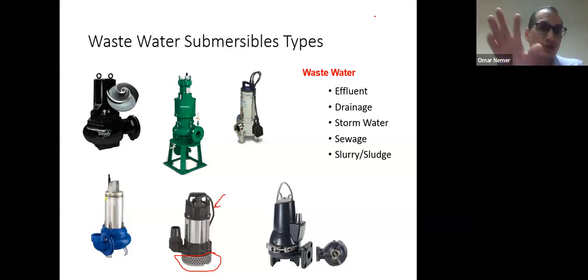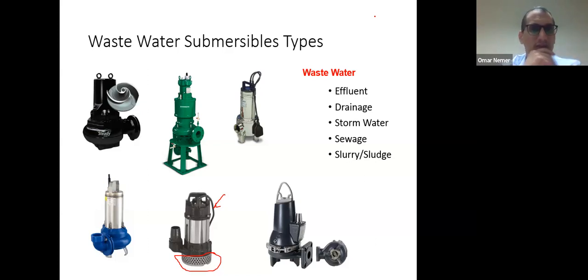Because for sewage, we usually go with a cast iron impeller or ductile iron, even with drainage.